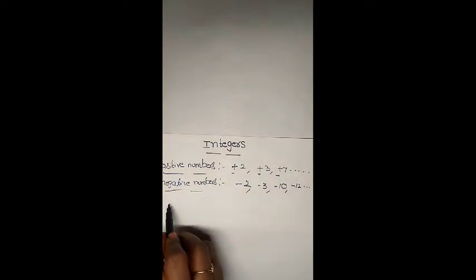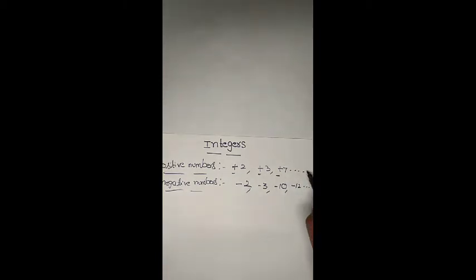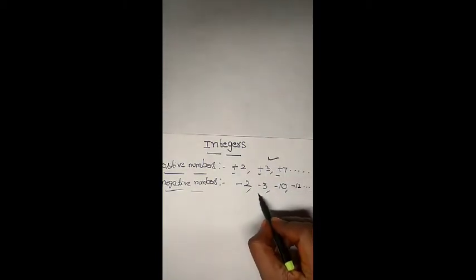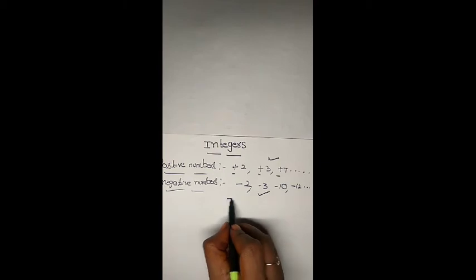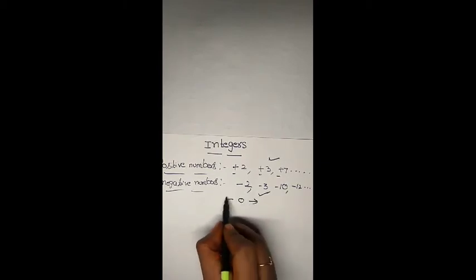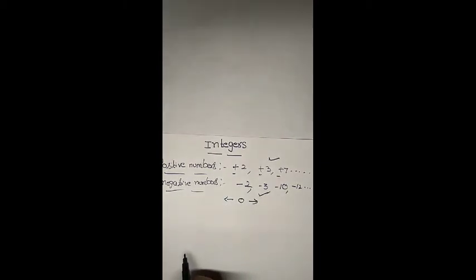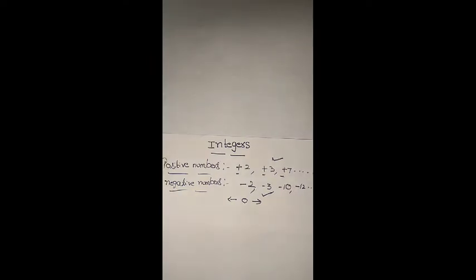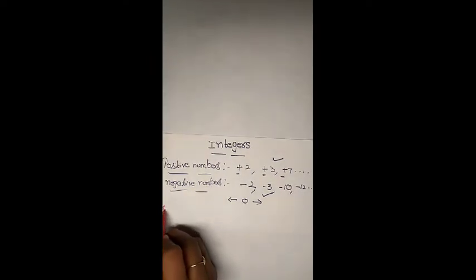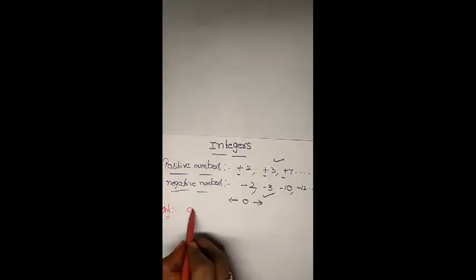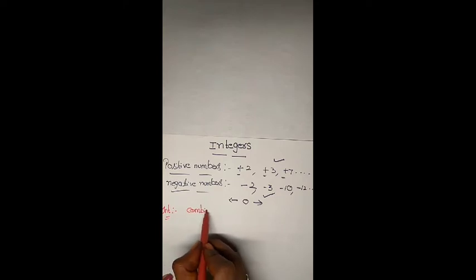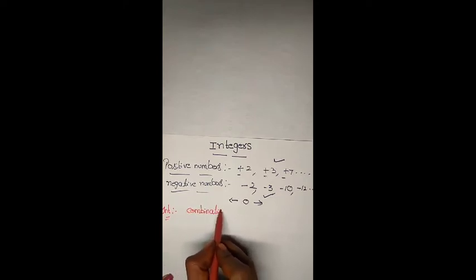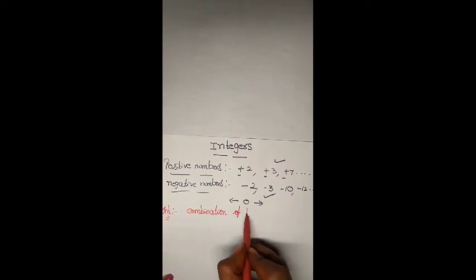Now let us see what integers actually mean. The combination of positive numbers and negative numbers including 0 are called integers. So now let us see it. What are integers? The combination, that means both positive numbers and negative numbers, we have to include 0 also.